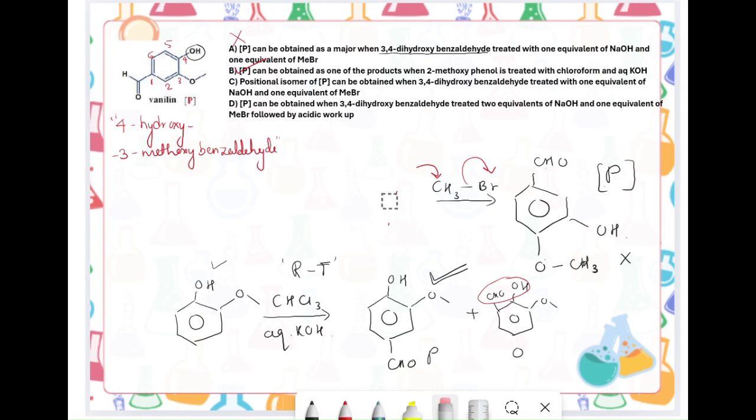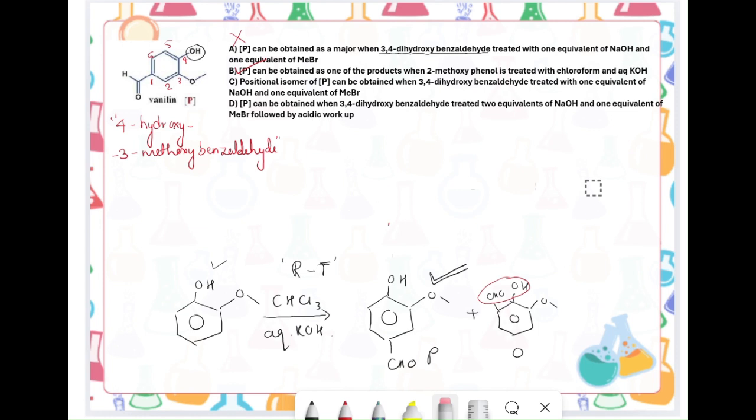All right, so let's read out statement C. The positional isomer of P can be obtained when 3,4-dihydroxybenzaldehyde is treated with 1 equivalent of NaOH and 1 equivalent of methyl bromide.